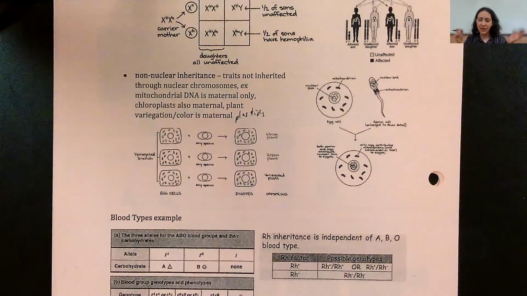Sometimes they're not, but they tend to be maternal traits. Sperm cells have mitochondria, but that's not how mitochondria is inherited. It's only inherited from mothers, which is pretty cool because mitochondrial DNA, because of that, is more of a direct line. So you can trace certain types of ancestry better through mitochondria.